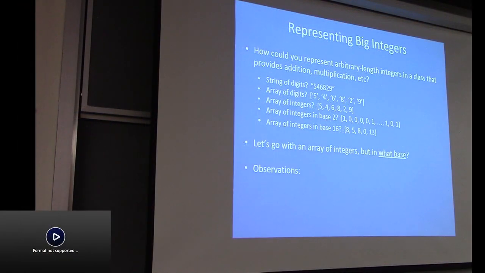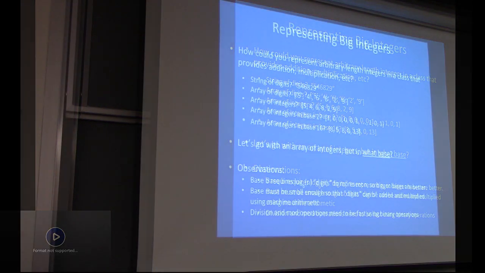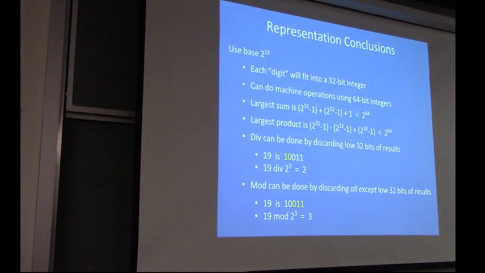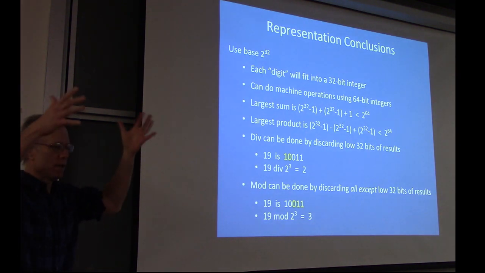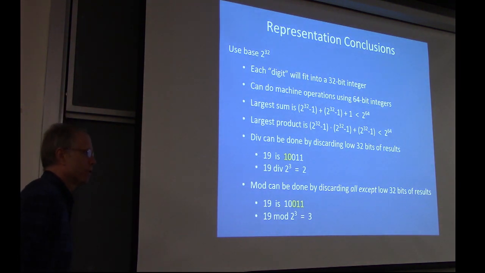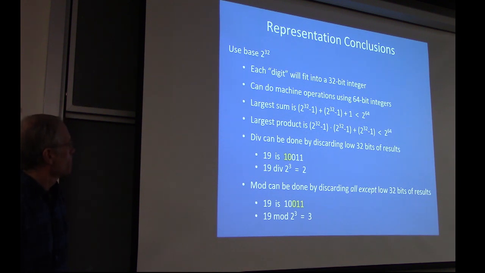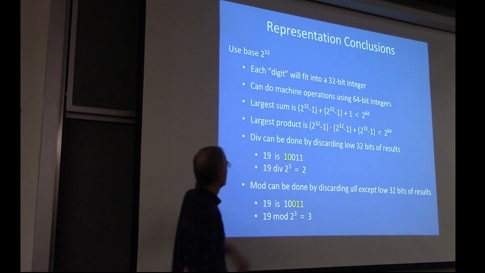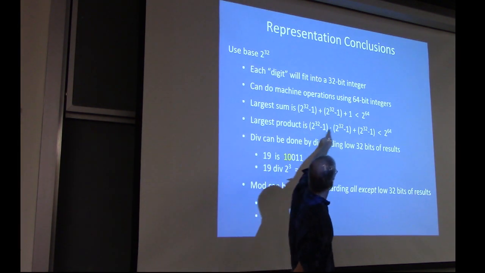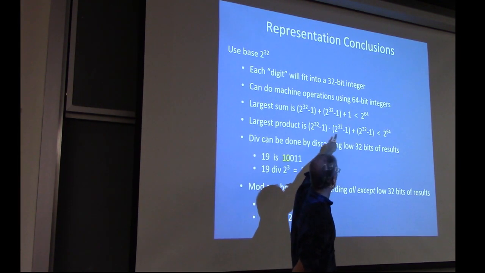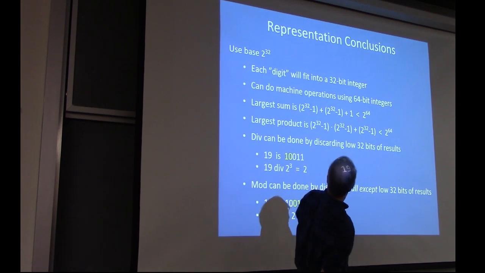So this is all stuff that I've said already, so I won't dwell on it. We're going to use a really big base, 2 to the 32. So each digit will just be a pattern of 32 bits. That way we can do arithmetic using 64-bit math, which we have. The largest product is what we really care about. That's the largest 32-bit number times the largest 32-bit number.